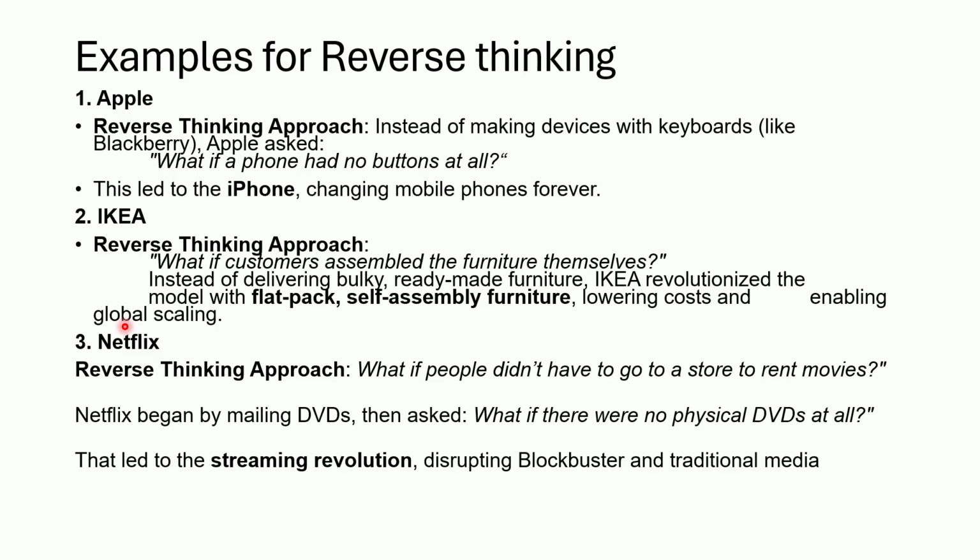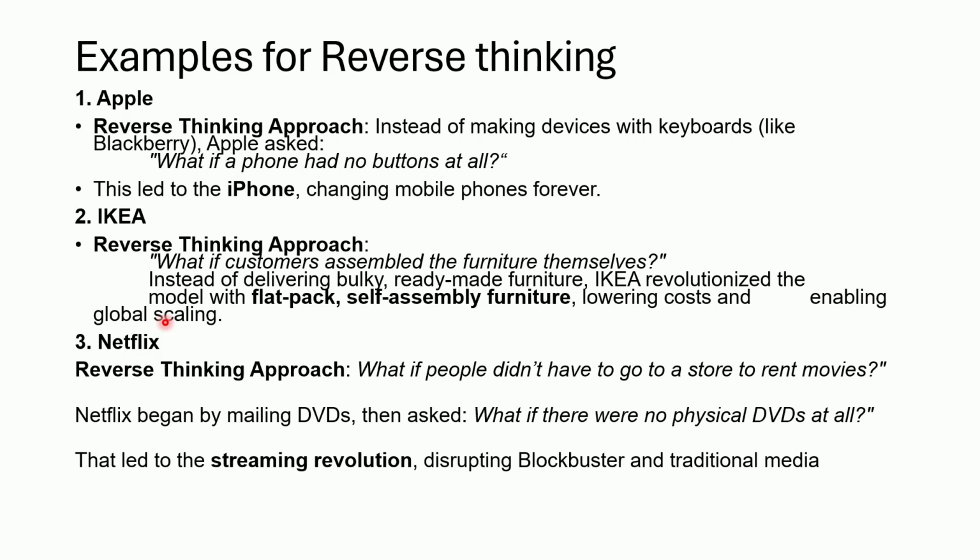At the time IKEA introduced the foldable furniture, there was no foldable furniture at all. So they thought, wow, why do we have to assemble in our factory, then deliver the furniture in a bulky size? It increases the cost of transport also, and sometimes it breaks down midway in transit.